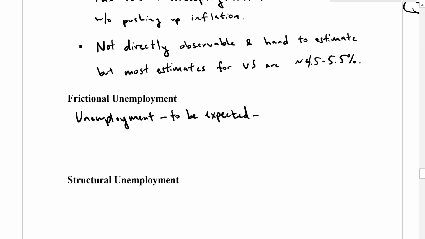So this is unemployment that occurs as workers move between jobs through job transitions or retirement.